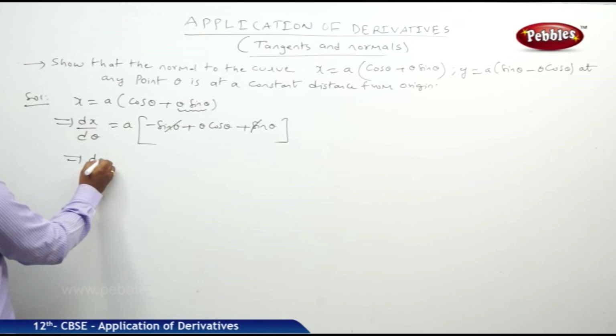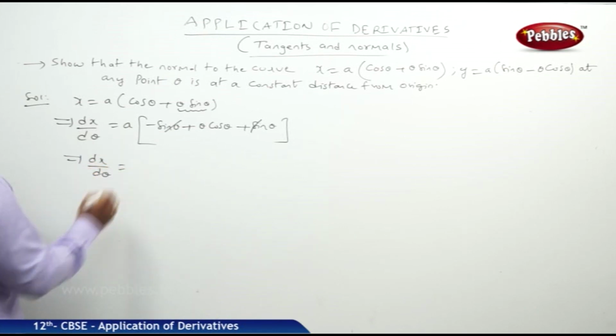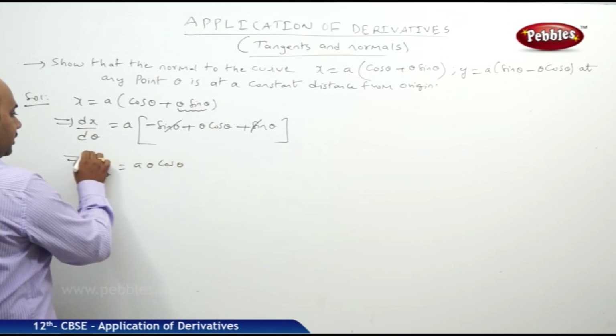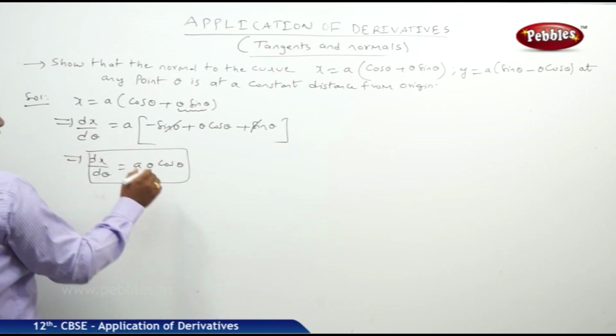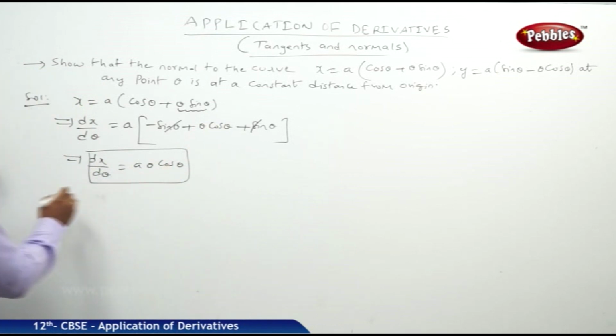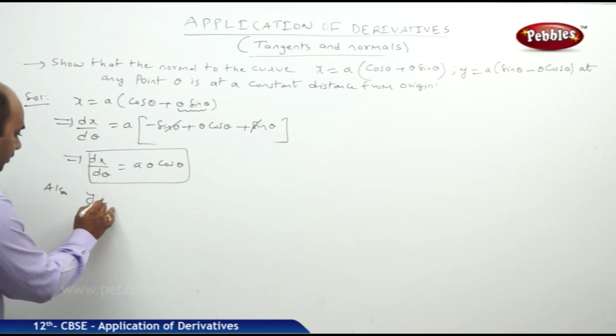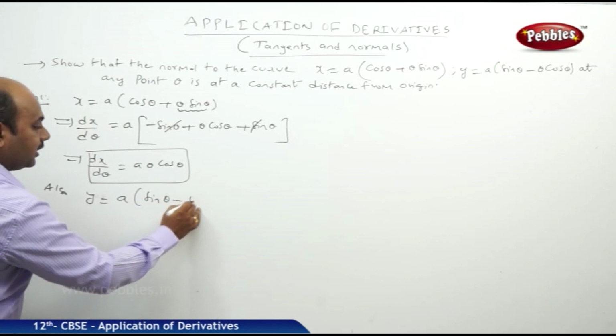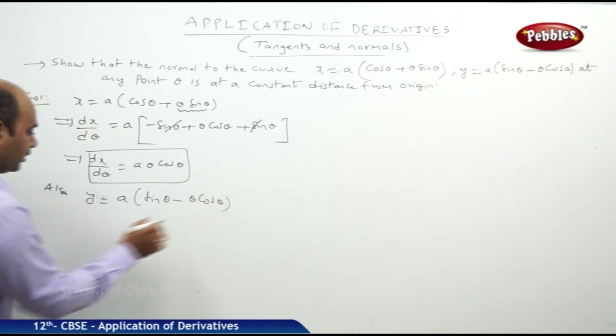So finally dx by d theta is equal to a theta cos theta. Later, again, what is given for us, y is equal to a into sin theta minus theta cos theta.